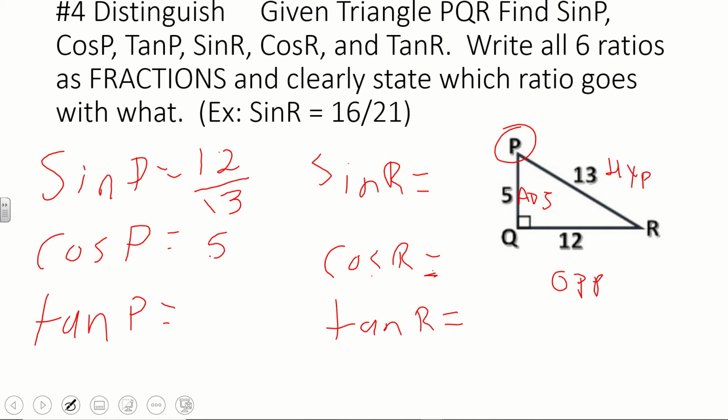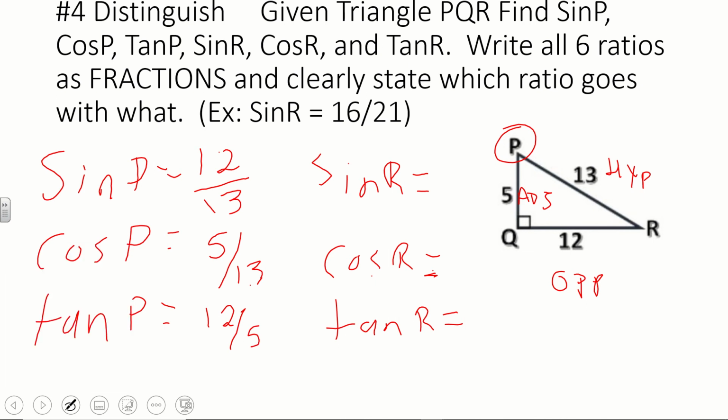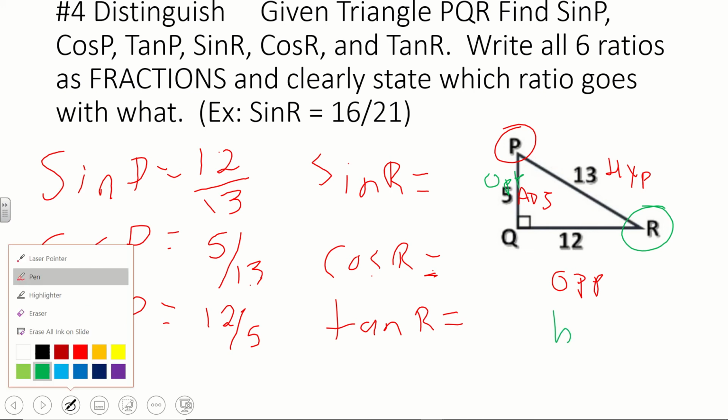Cosine is the adjacent over the hypotenuse. So 5/13. And tangent is opposite over adjacent. So 12/5. If I'm using reference angle R, the 5 is now my opposite side, and the 12 is now my adjacent side.